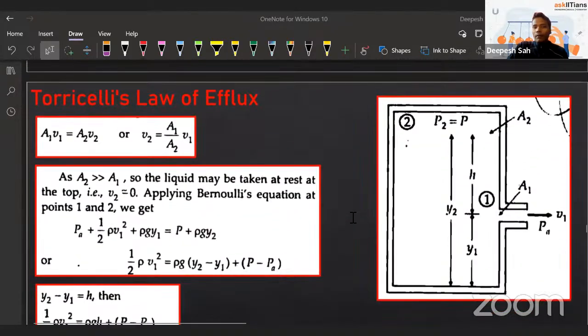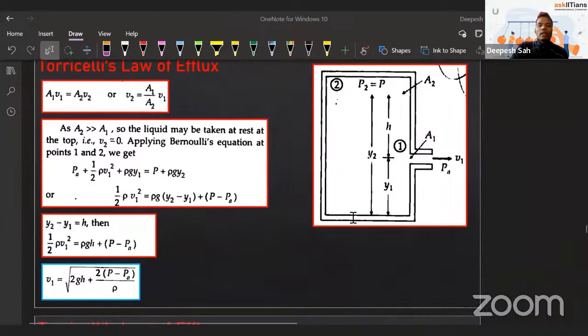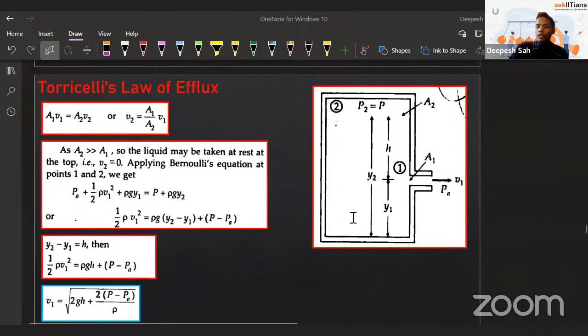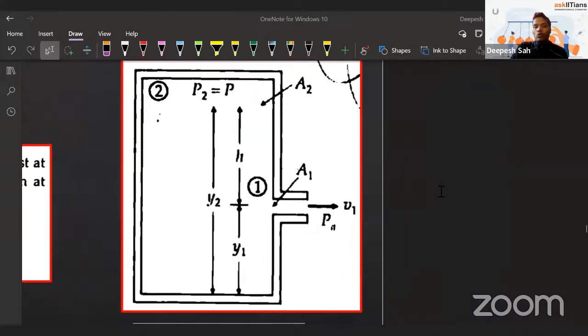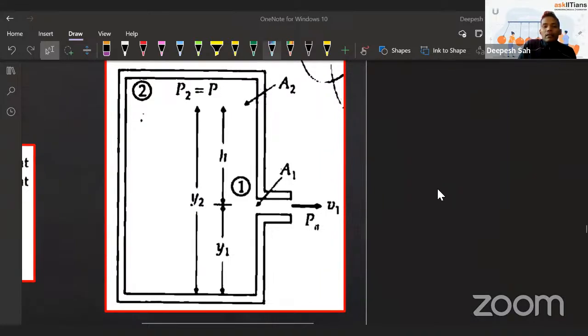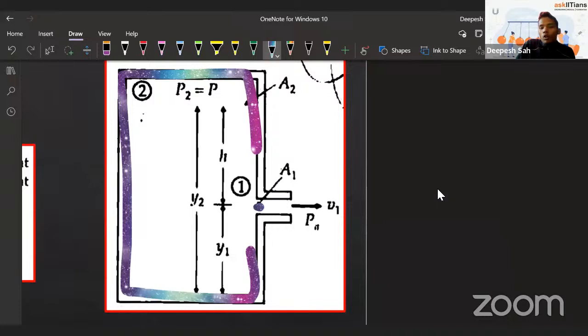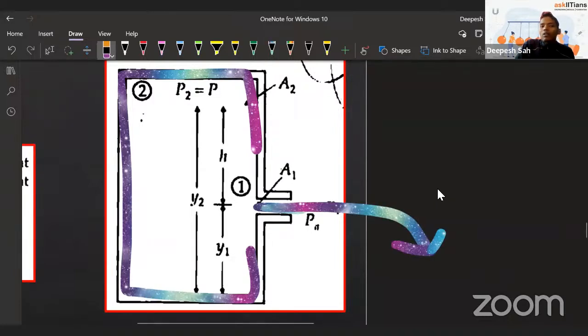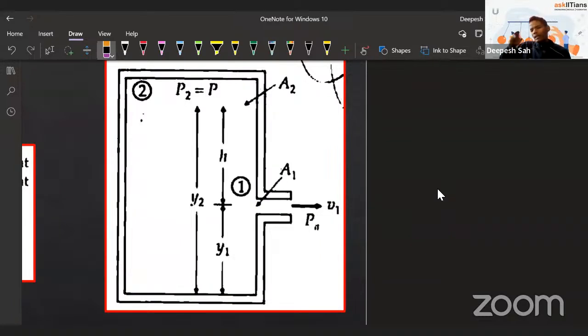Now, of course, I'm not explaining derivations, but that doesn't mean I will not explain the basic theory behind it. Imagine there is a container which is closed, and you have made a small hole in it so that the water goes out. Of course the water will fall down. So what are the three things involved?